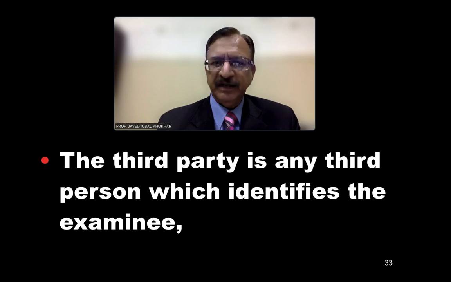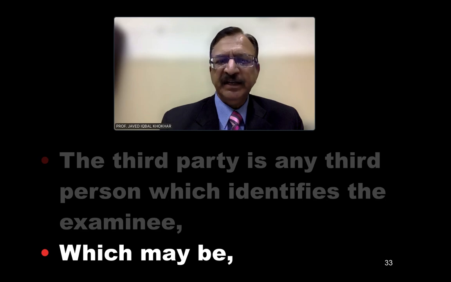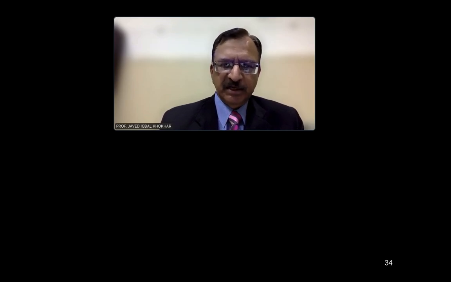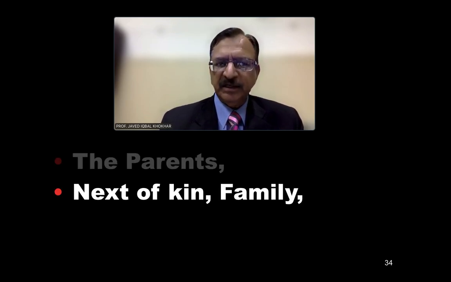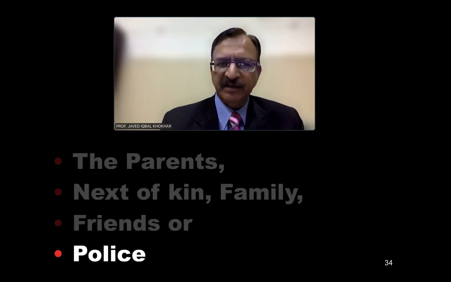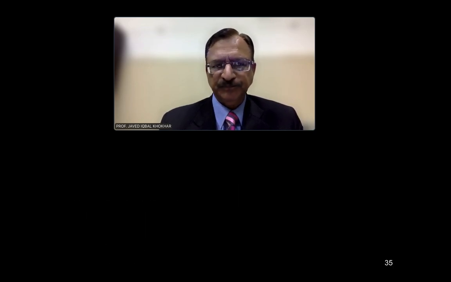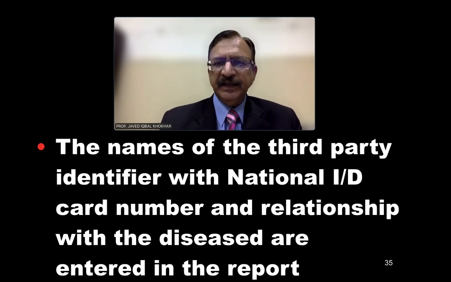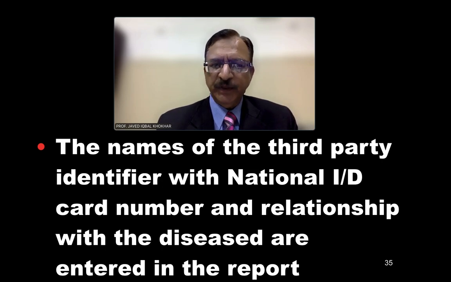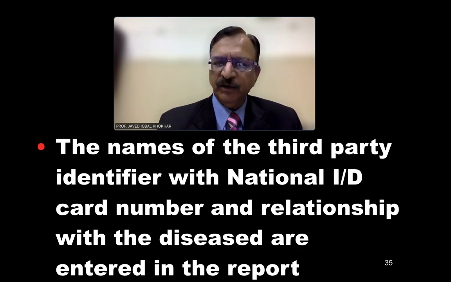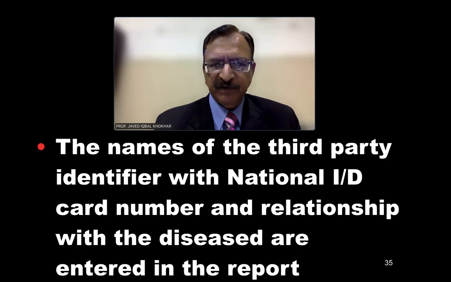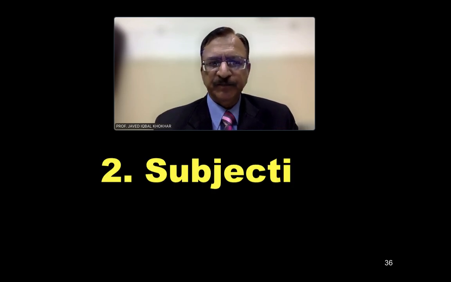So the third party other than the examiner and examinee is the third party, and he can identify, and he can be either the parents, the next of kin, family, the friends, or the police. The name of the third party identifier with the national identity card number and relationship with the deceased should be entered on the report, whether it is a medico-legal report or an autopsy certificate.